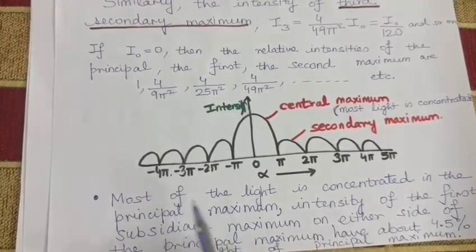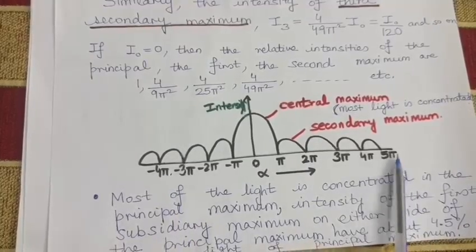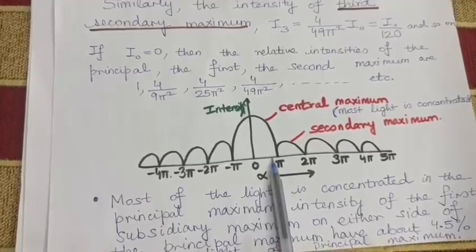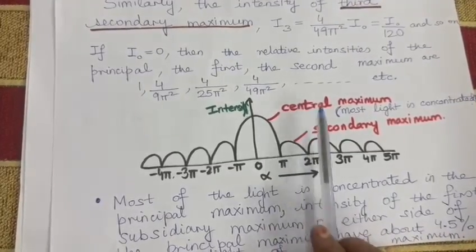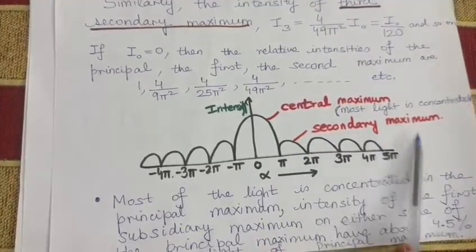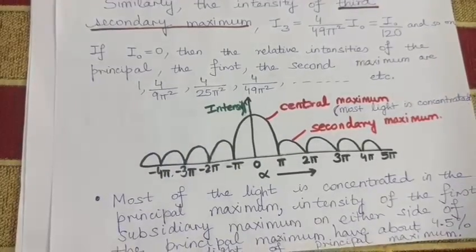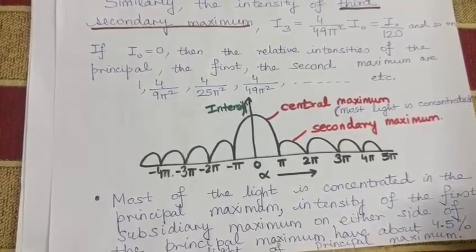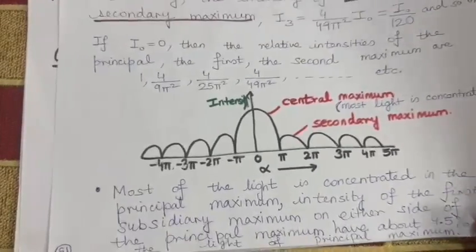So this way you can notice that the graph for diffraction due to a single slit consists of a central maxima of maximum intensity followed by secondary maxima and minima, and most of the light is concentrated in the central maxima.